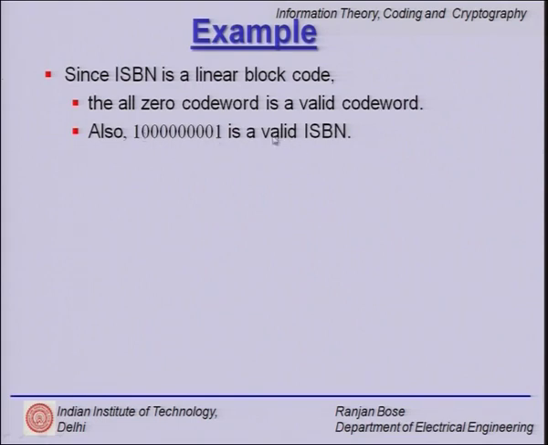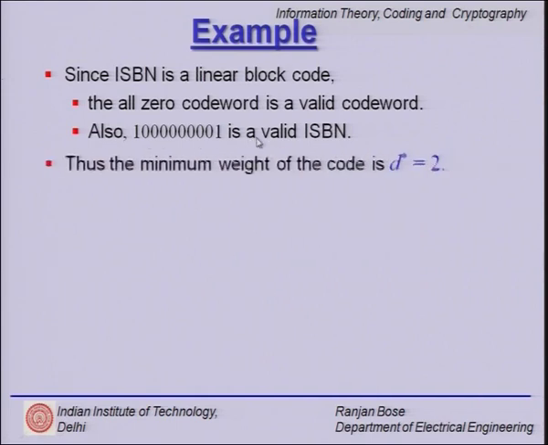You can check that this number also satisfies the constraint for an ISBN code. So, it is a valid ISBN code. I have identified the all 0 code word and this one, and of course, the minimum distance will be 2. So, the ISBN code has D star equal to 2.